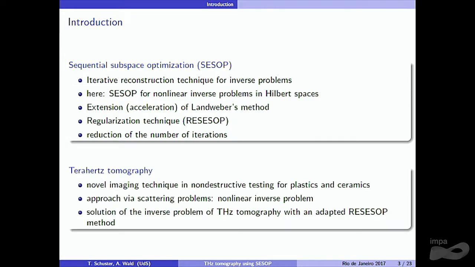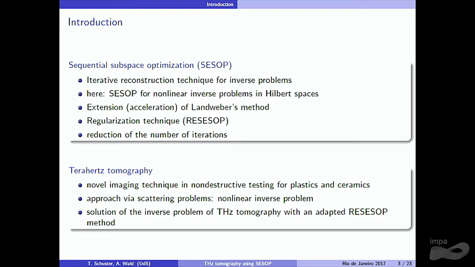Terahertz tomography is a pretty novel method. It uses part of the electromagnetic spectrum, which we haven't paid so much attention to so far. I mean, if you go up to longer wavelengths, then you are in the submillimeter region or in the radio wave region, and you all know applications for that.